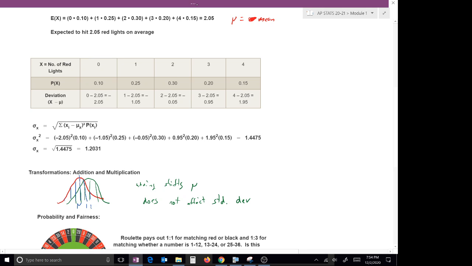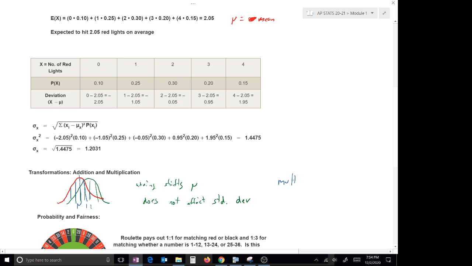However, multiplication affects both mean and standard deviation.